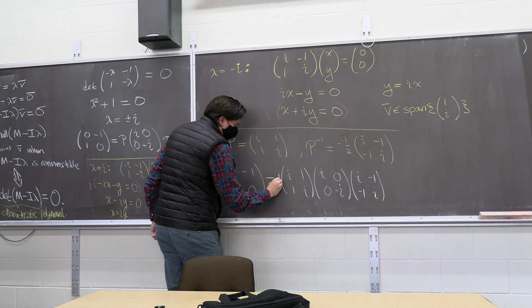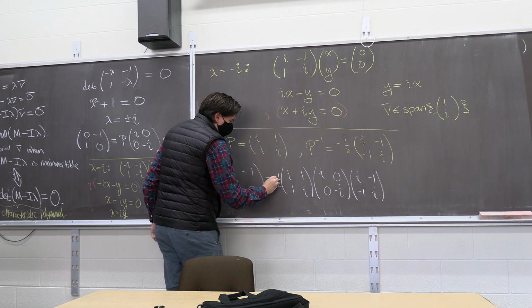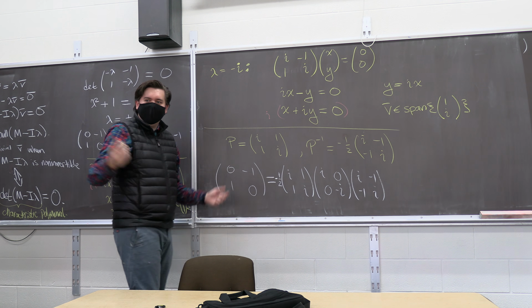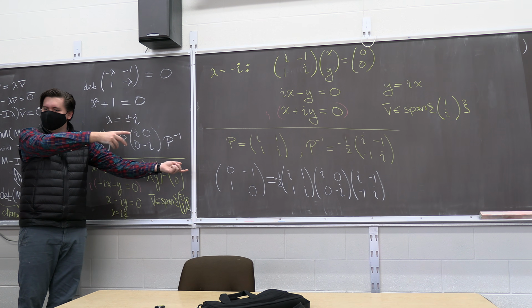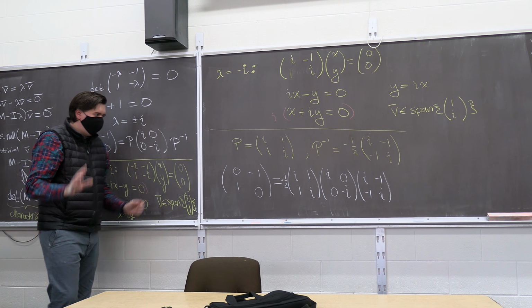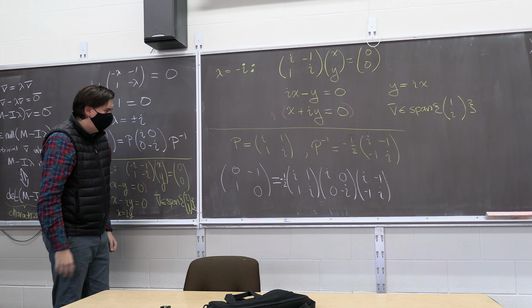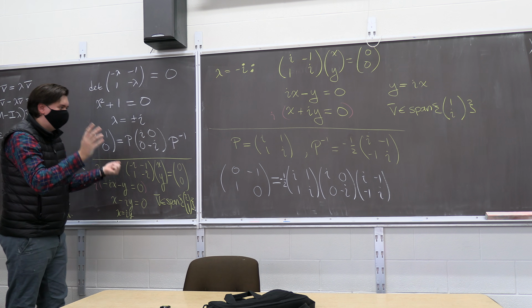So I'll just pull that out front, times negative 1/2. Now I really hope this is correct. We may have screwed up. So somewhere on your paper, check that this is correct. Because if not, oh my. I don't know where we screwed up, but we probably screwed up.